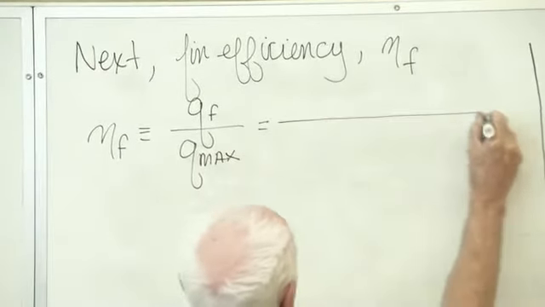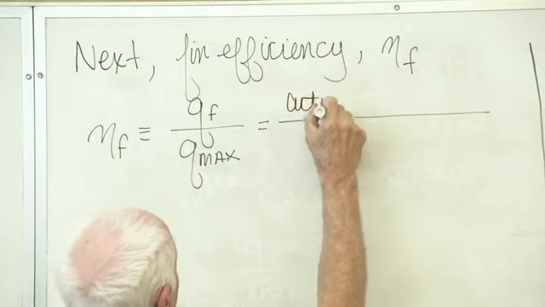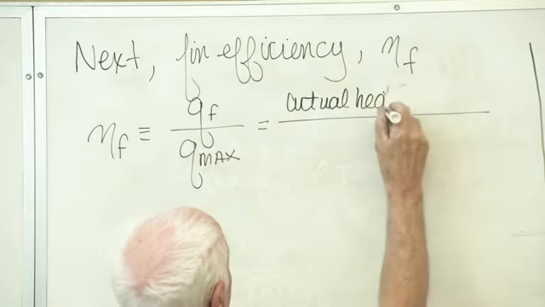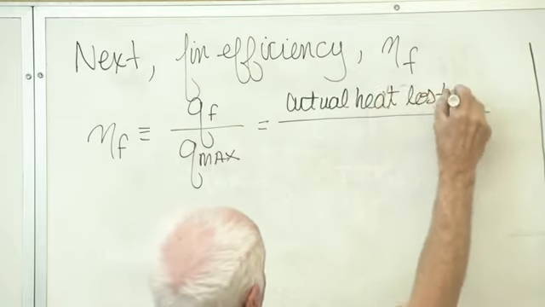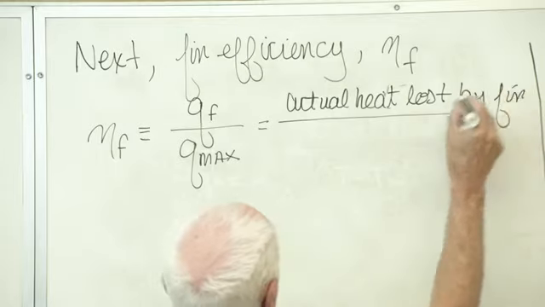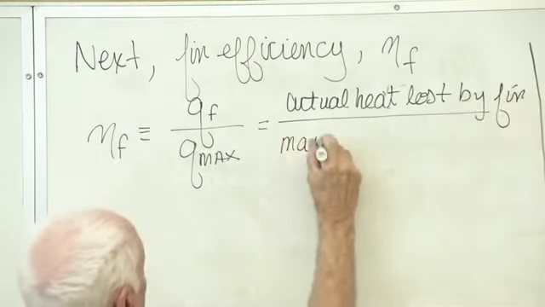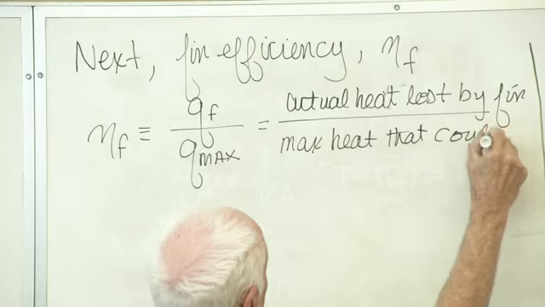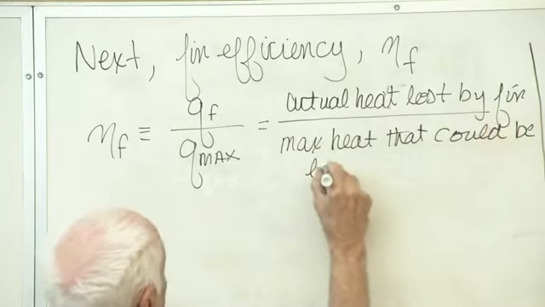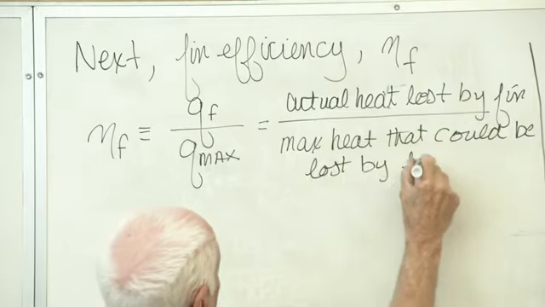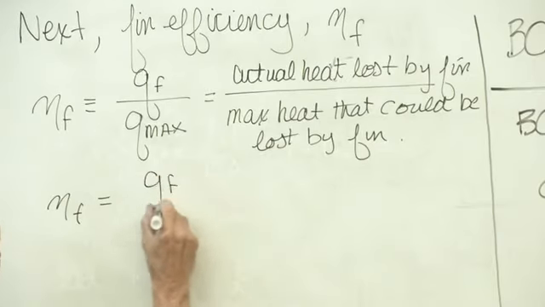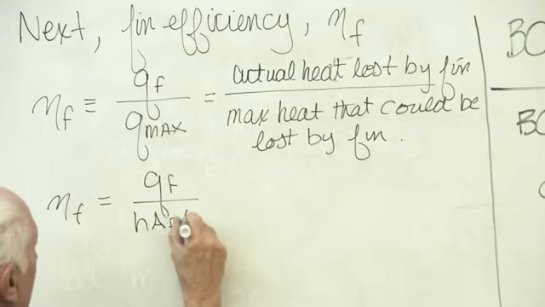Okay, and this is the actual heat lost by the fin, divided by the maximum heat that could be lost by the fin. So eta F equals QF over h A_F theta_b.